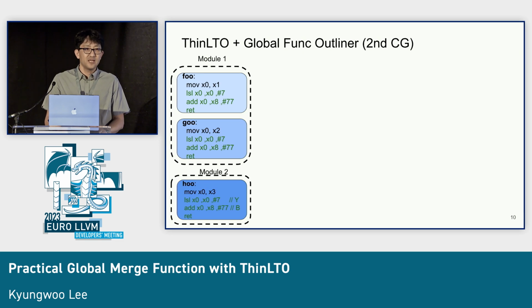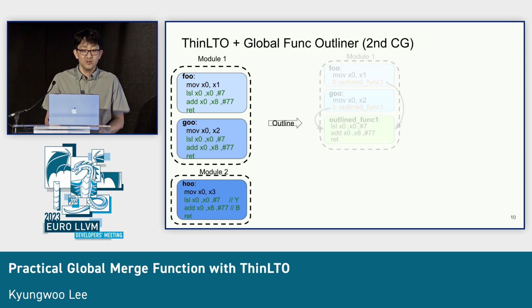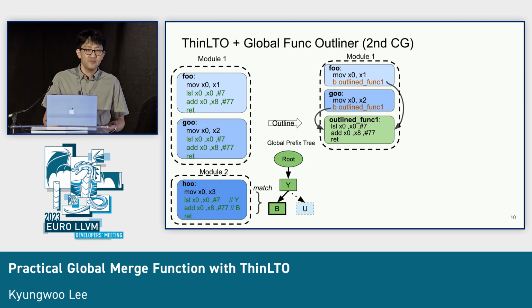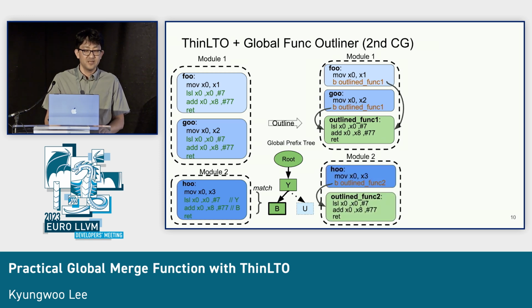During the second codegen, we start from scratch. At this time, same as in the first case, we outline the local instances. But now we have the global prefix tree that was published in the previous step. We use it to match another instance in module 2, so we can outline the cross-module candidate optimistically.